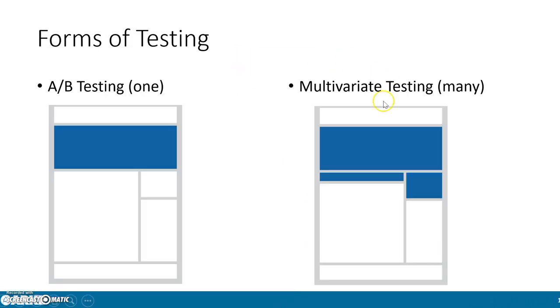Okay, now there are multiple forms of testing that you can do with Sitecore specifically. There's A/B testing where you're only testing one variation to one component on a Sitecore page. Remember that a best practice of developing Sitecore pages is that you break it up into multiple components. This is not just done so that your authors can build the page relatively easily using these components as building blocks.